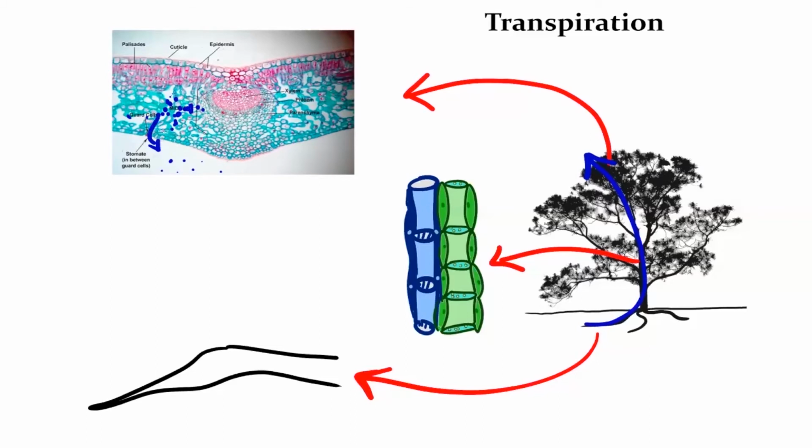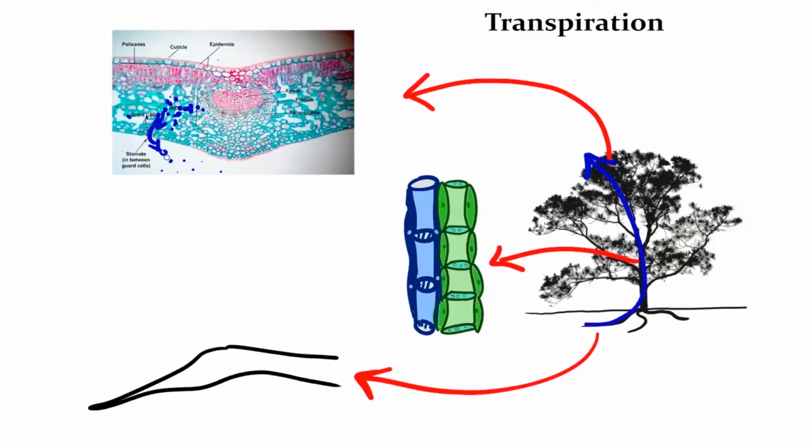Well, water has another property called cohesion. Because water molecules are polar, they have a tendency to stick to one another. So every time one of these water molecules leaves the leaf, it's going to pull another water molecule with it through cohesion. And so you're creating this chain effect.